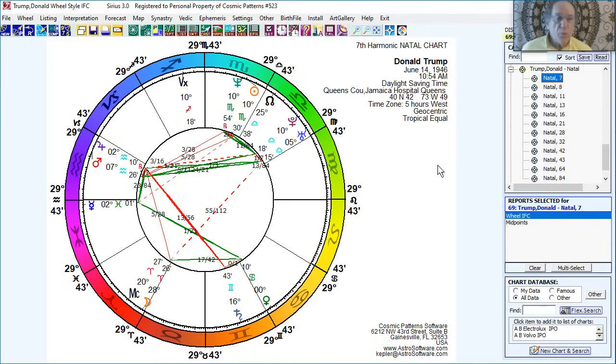So we want all 3 planets to be within orb. And the Mars, Jupiter, and Uranus are all within orb. Now, before we interpret this, how can we see it more clearly? How can we see more clearly what the orbs are?